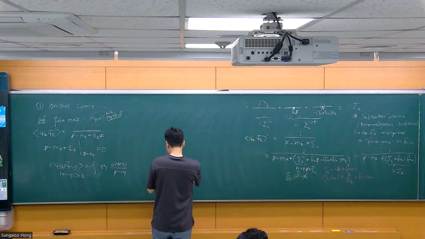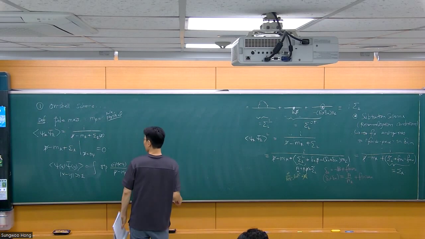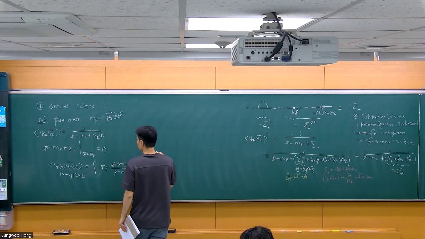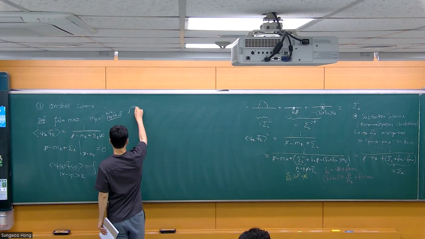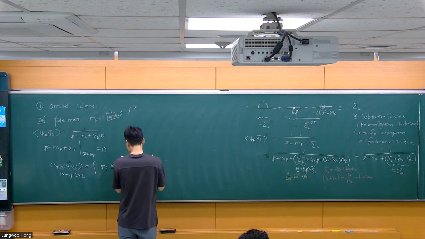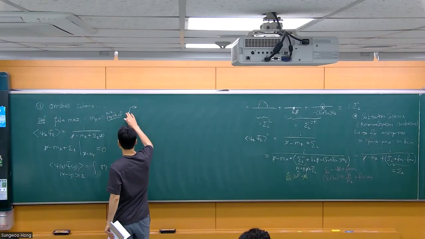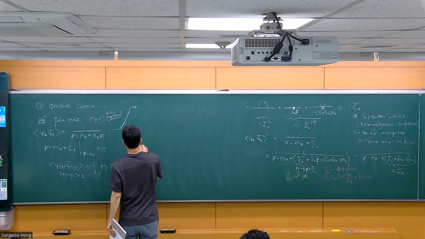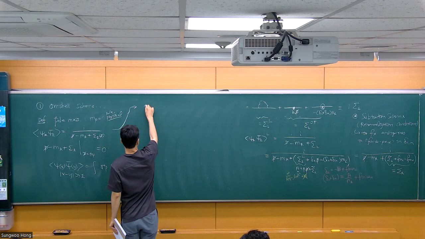Good. So the part of the definition of the pole mass should be in such a way that this complicated looking expression should be near the pole.